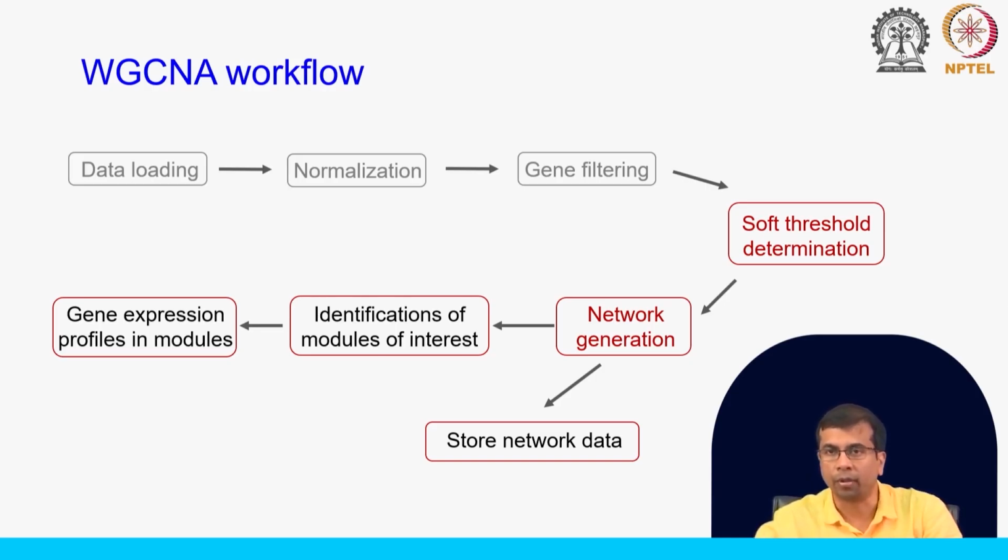You can of course work with bigger data sets, but they will take more time to run in your system, so that is up to you to practice and test. The first step was data loading: this is gene expression data for cancer versus normal. We followed that up with normalization, where we used the DESeq2 package, and there is a specific method of normalization that we used.